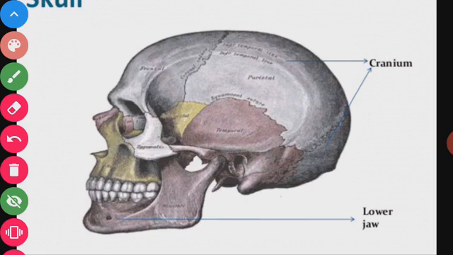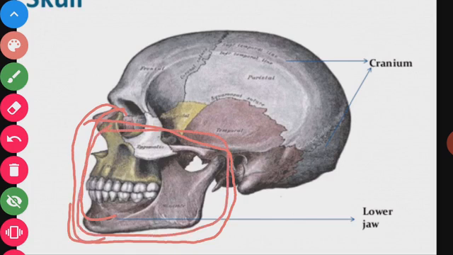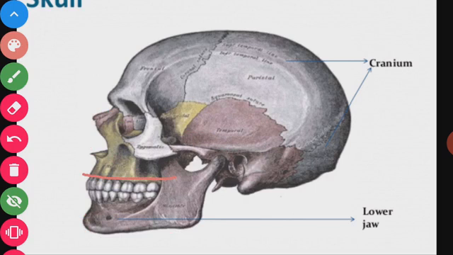Second, the facial bones. These form the front and the lower parts of the skull. They contain the upper jaw, the lower jaw, and a few other bones.